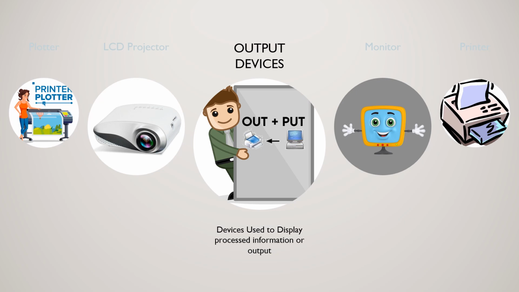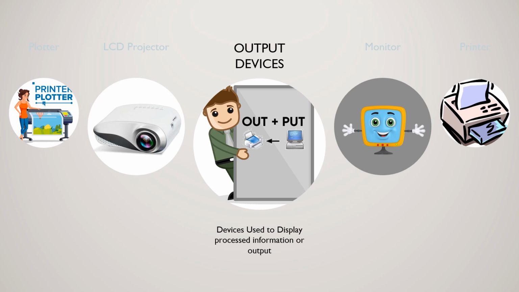We also have output devices. Output devices have come running and they are saying that we are also important, since we display information or we display the processed data. Once the data goes inside the computer, it gets processed, and whatever is the final result, we are the devices which show this processed result.